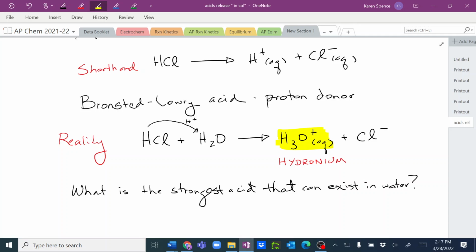And the key to that question is going to be that "can exist" part. Because if I put HCl into water, does HCl exist in the water? No, right? Because this is all gone.